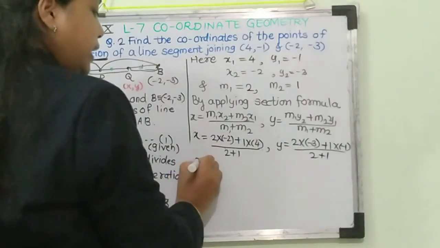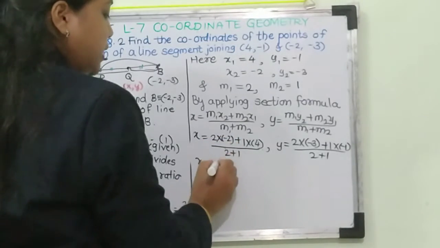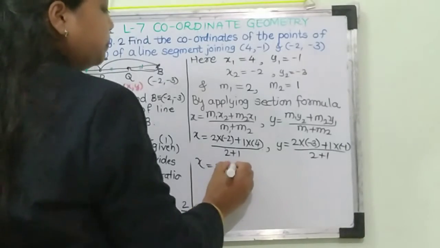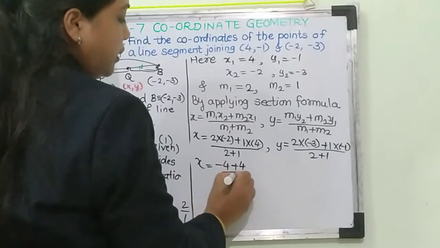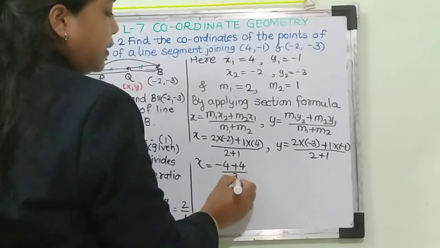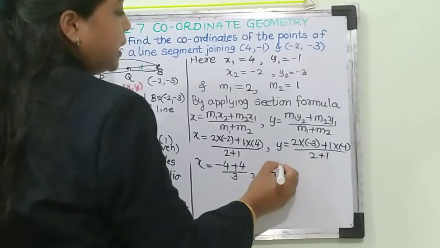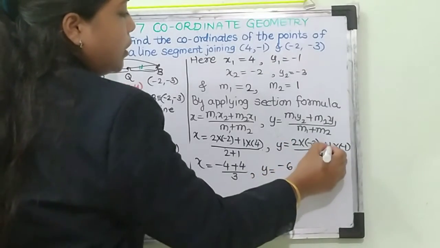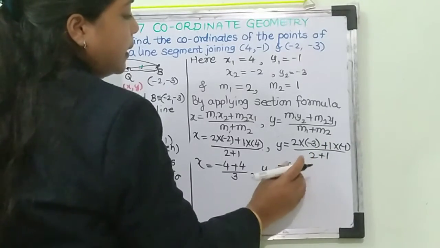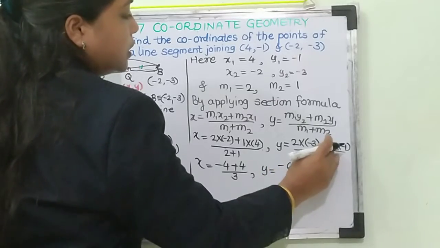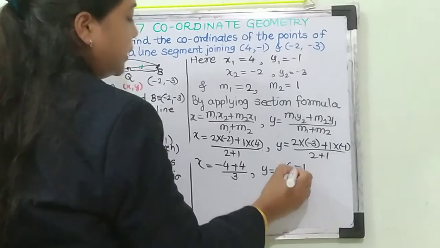So here we get x equals to 2 into minus 2, so minus 4 will come, plus 1 into 4, plus 4, upon 2 plus 1, 3, and y equals to 2 into minus 3, that is minus 6, plus 1 into minus 1, that is minus 1, because plus minus will be there, upon 2 plus 1, 3.